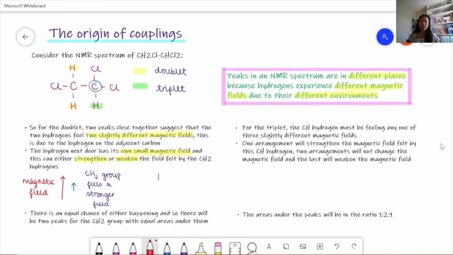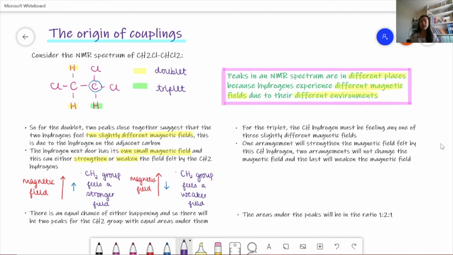But we can also get that the hydrogen will have a magnetic field which is aligned against the magnetic field. So again, we have the magnetic field here, and if it's aligned against, then that means that the CH2 group feels a weaker field compared to what it would be if we didn't have any hydrogens on the carbon adjacent.